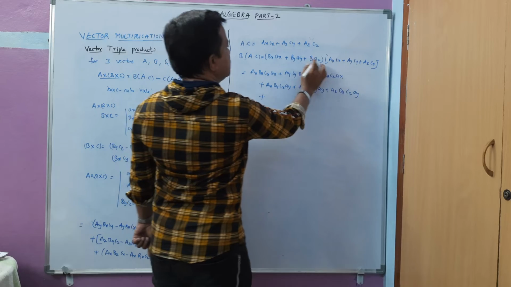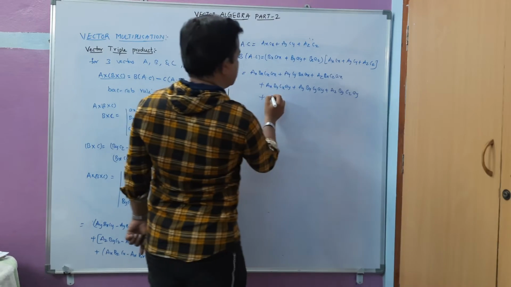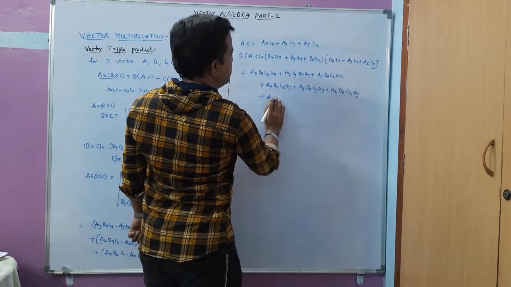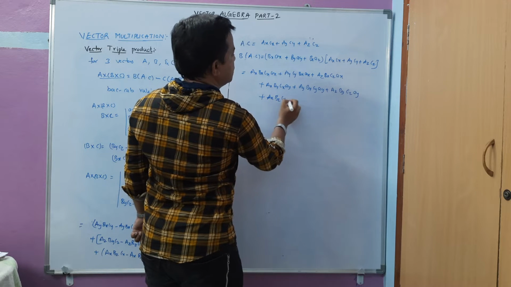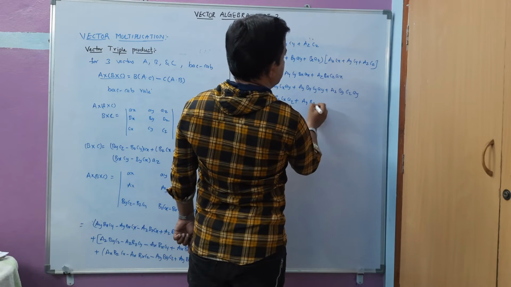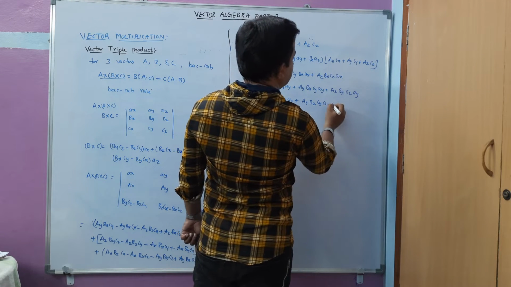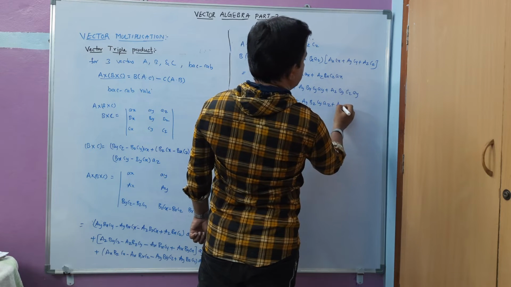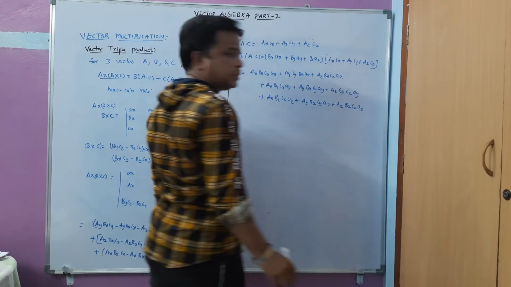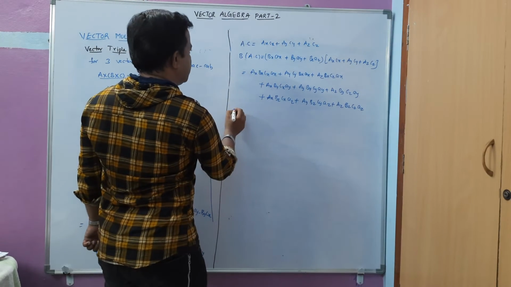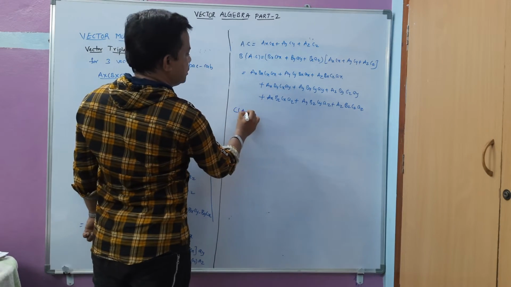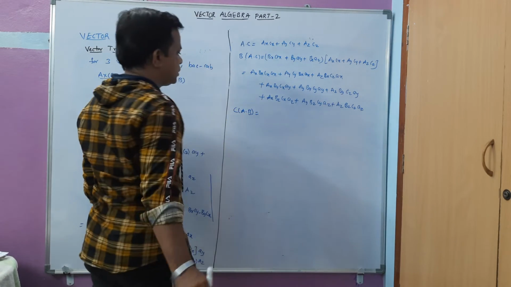Then this term into these three terms: AX CX BZ into AZ plus AY BZ CY into AZ plus AZ BZ CZ into AZ. These are the terms I have got, and similarly I have to get c into a dot b. What do I get here?